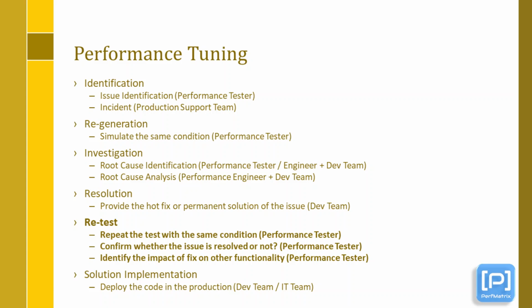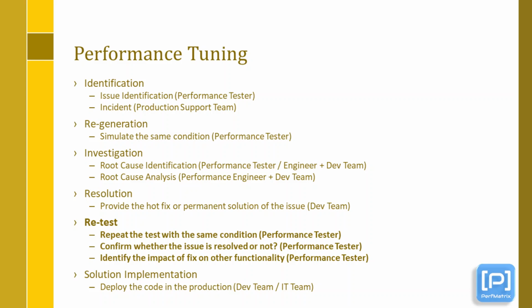Once the solution is developed, the application is retested under the same condition in which the issue was identified. Retesting is required to validate whether the issue has been fixed or not. Also, to check whether there is any impact on the existing functionality due to this change.